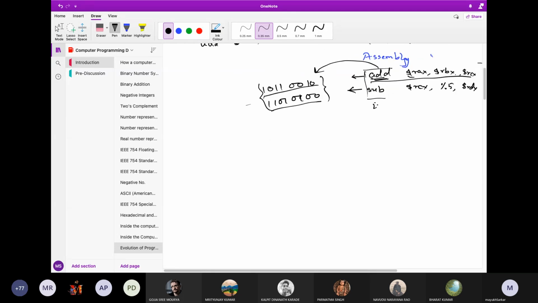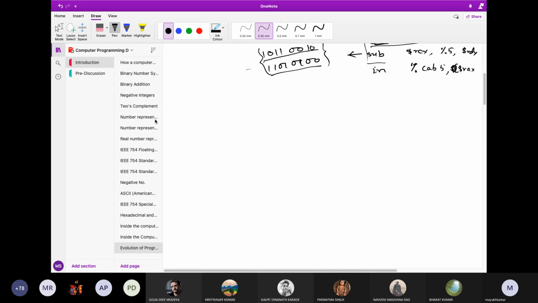As for example, if I write some hypothetical instruction like CAB5, RX, that means take the data that has appeared in the port with address CAB5 and put that into the RX register, like this.